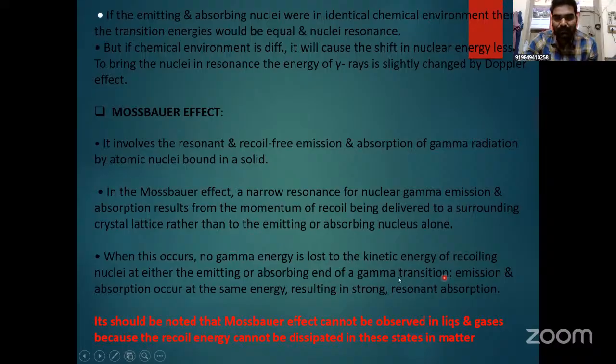Gamma transition emission and absorption occur at the same energy, resulting in strong resonant absorption. It should be noted that the Mössbauer effect cannot be observed in liquids and gases, because the recoil energy cannot be dissipated in these states of matter.